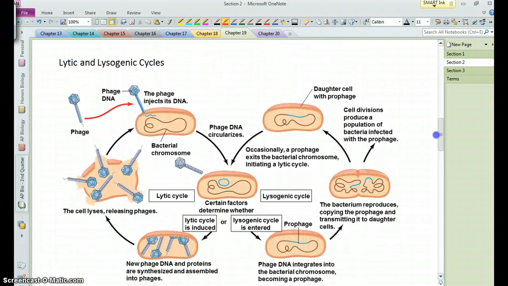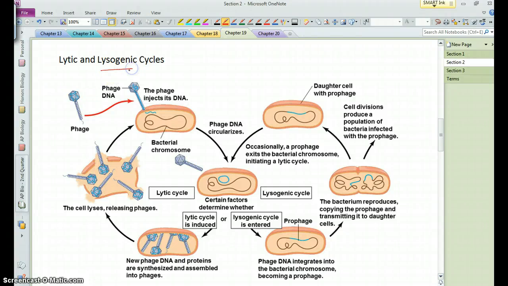Alright, now these phage viruses can also have what's called the lysogenic cycle, where after it inserts its DNA, instead of immediately taking over the host cell, that virus or phage DNA is incorporated into the host's DNA, and at that point we call it a prophage. The host cell can then divide into two and other copies of the bacterium, and essentially the prophage is going to be copied each time as well, and so it can spread into a population of bacteria this way.